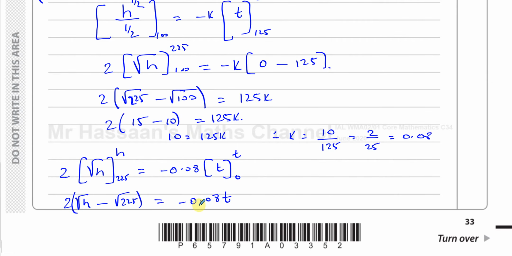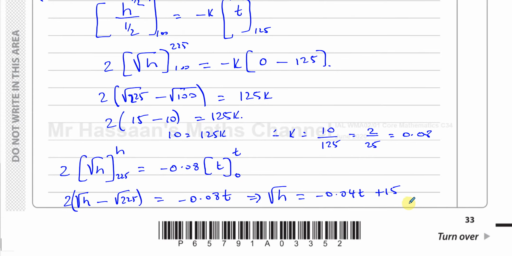Okay, I can divide both sides by 2, so I'll have the square root of h minus 15 is equal to minus 0.04 t. I add 15 to both sides, so it'd be plus 15. So I'm left with, I'm almost there.